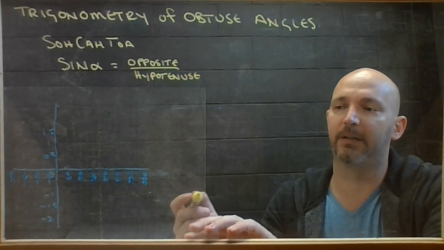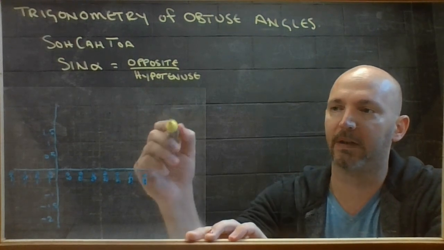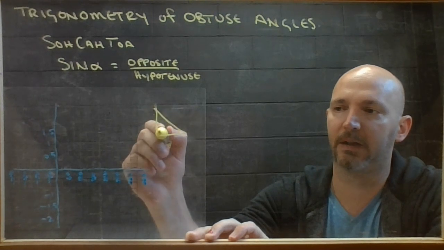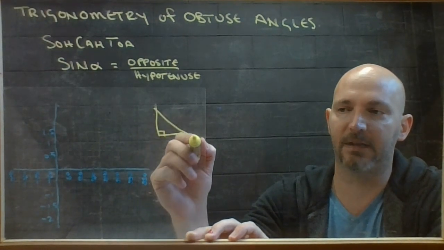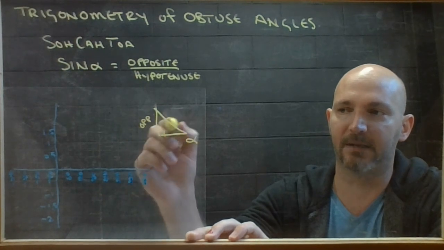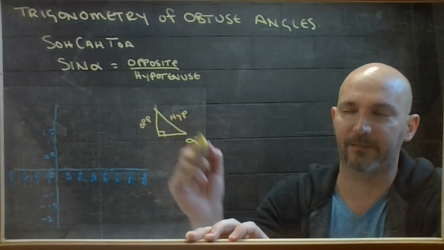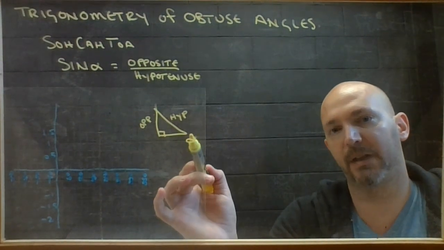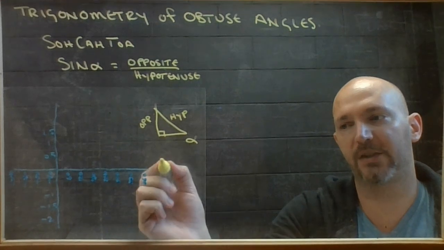So, if I were to draw that for you, that has to be 90 degrees. Your angle is down here. That's the opposite side. That's the hypotenuse. This angle can be very shallow.